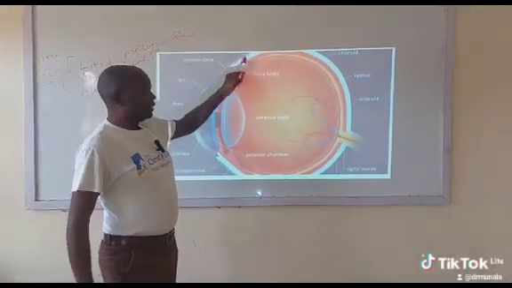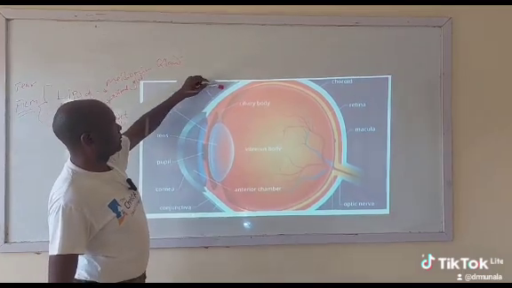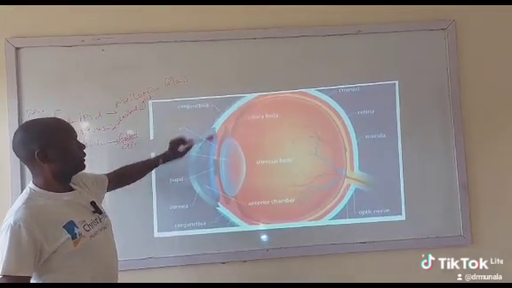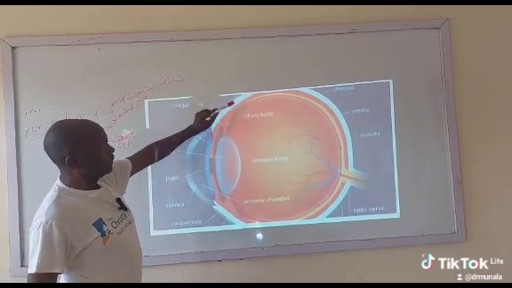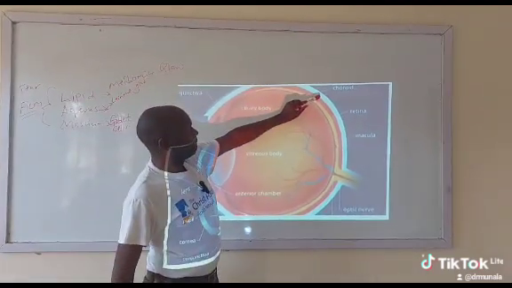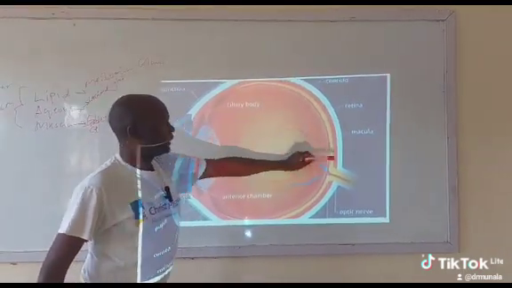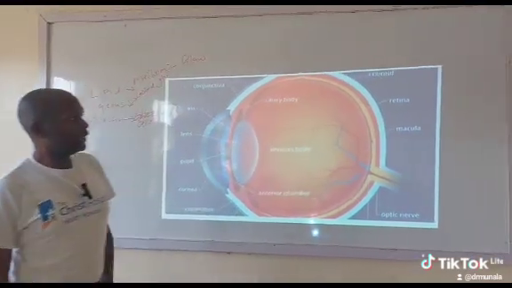We can come back to the outer structure. From out, this side here, this is the conjunctiva. This is what we call the choroid. You can use this side. This is the sclera. The white structure seen here is the sclera. The red structure you see there is the choroid.